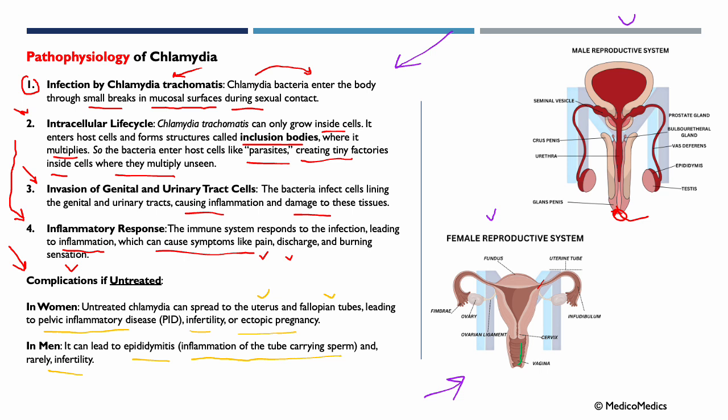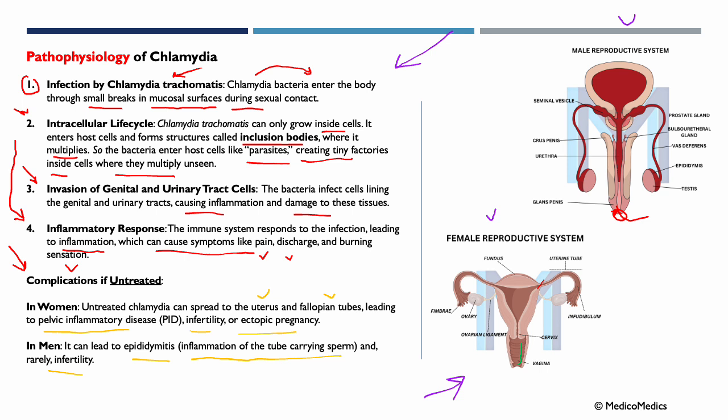The bacteria then infect the mucosal lining of the anterior urethra, leading to urethritis. And within a few days to weeks, you may then develop the classical symptoms of burning during urination, penile discharge. It's often cloudy, white, yellowish. You can have irritation and itching inside the penis.